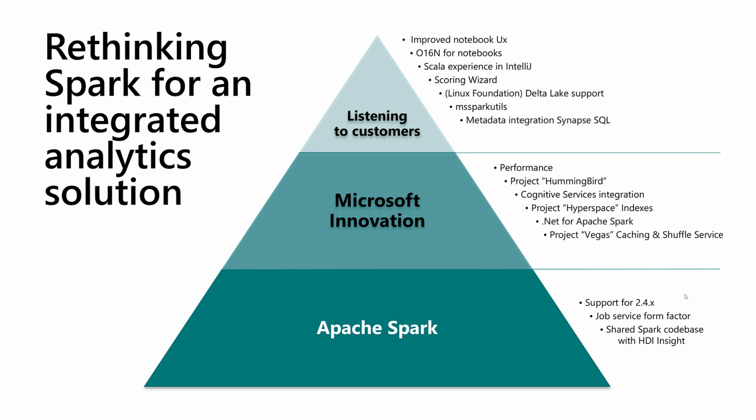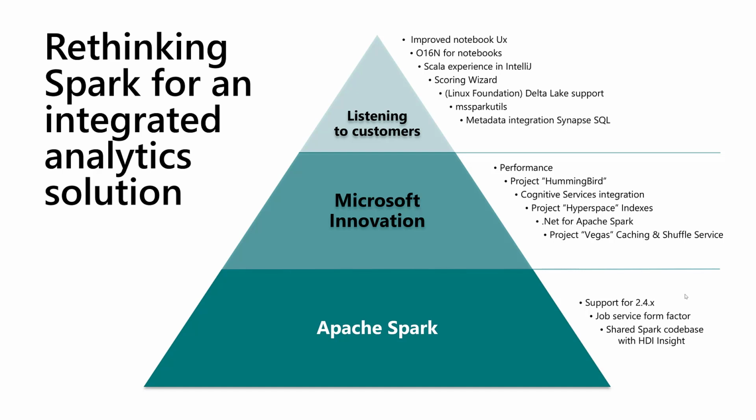The scoring wizard, support for Linux Foundation Delta Lake, and creating MSSparkUtils, which helps you with a bunch of helper functions that are frequently needed when writing Spark jobs. And last but not least, the metadata integration with Synapse SQL.